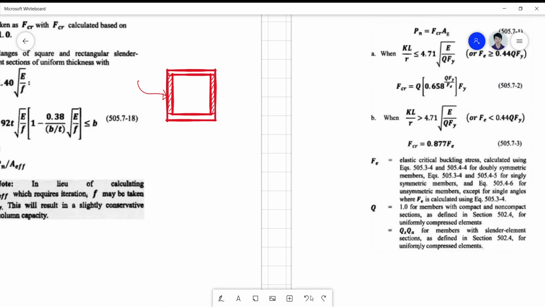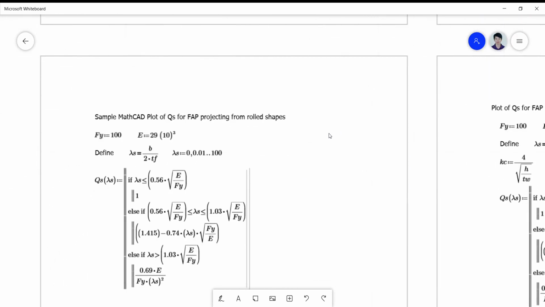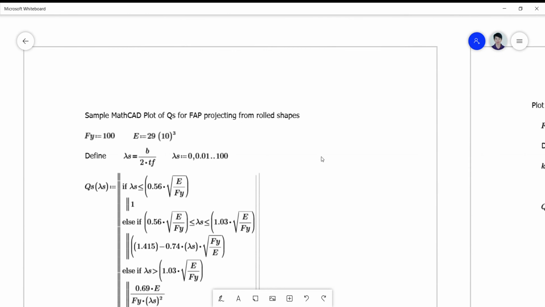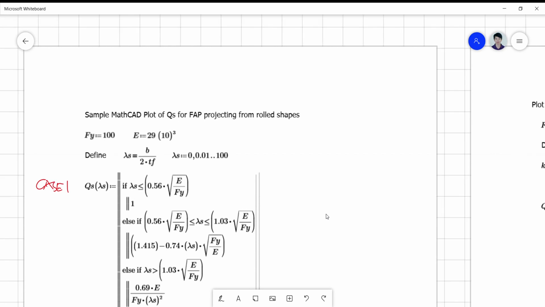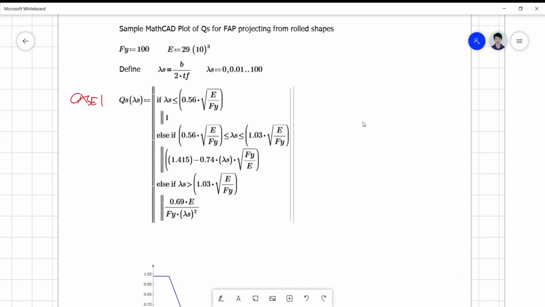Okay, so I have here a sample MathCAD plot of the Qs equation for flange, angle, and plate projecting from rolled shape. So this is actually case 1. I just did this for your reference. If you want to make a program to define your Qs value automatically, you just use this.